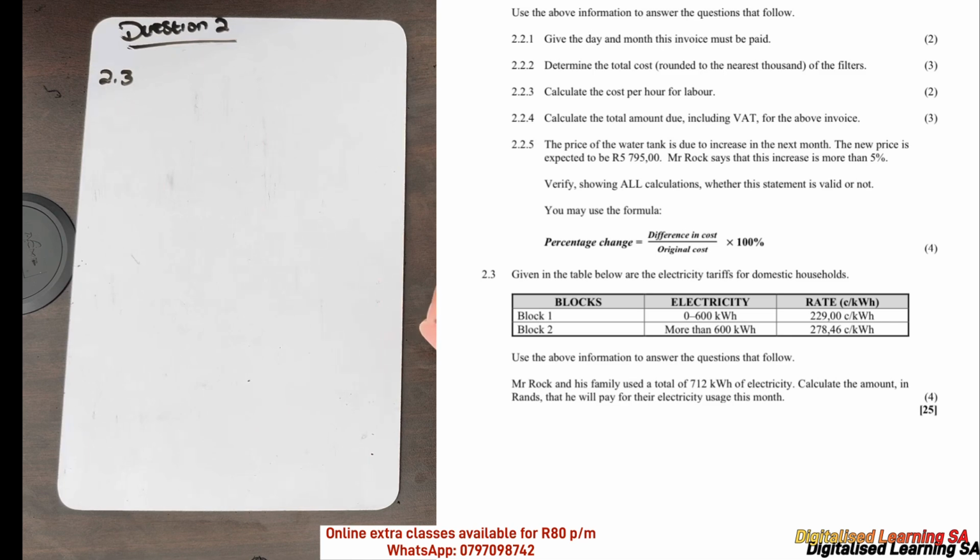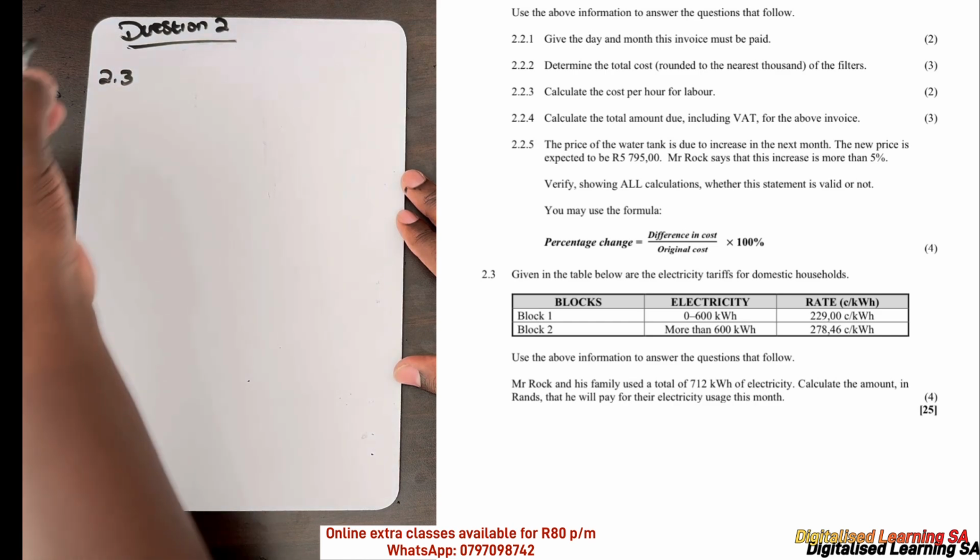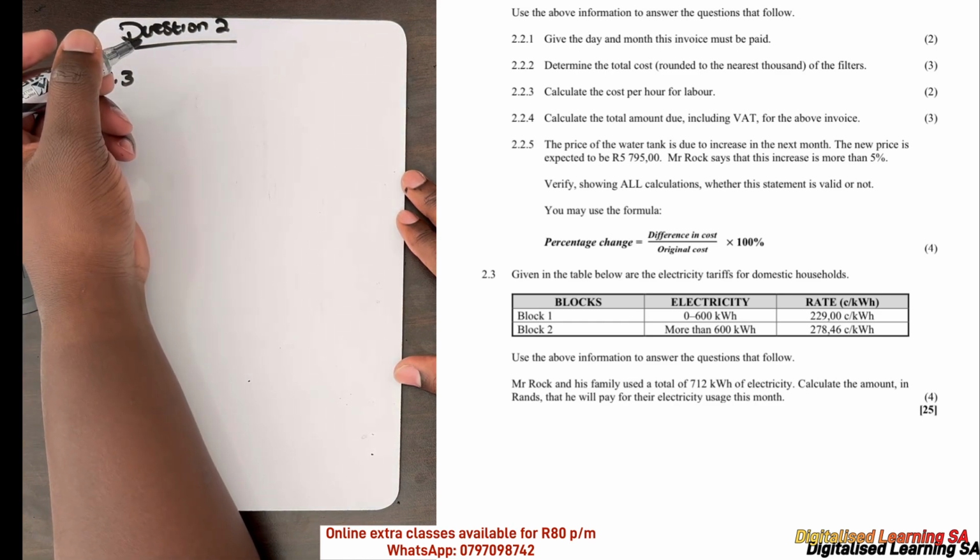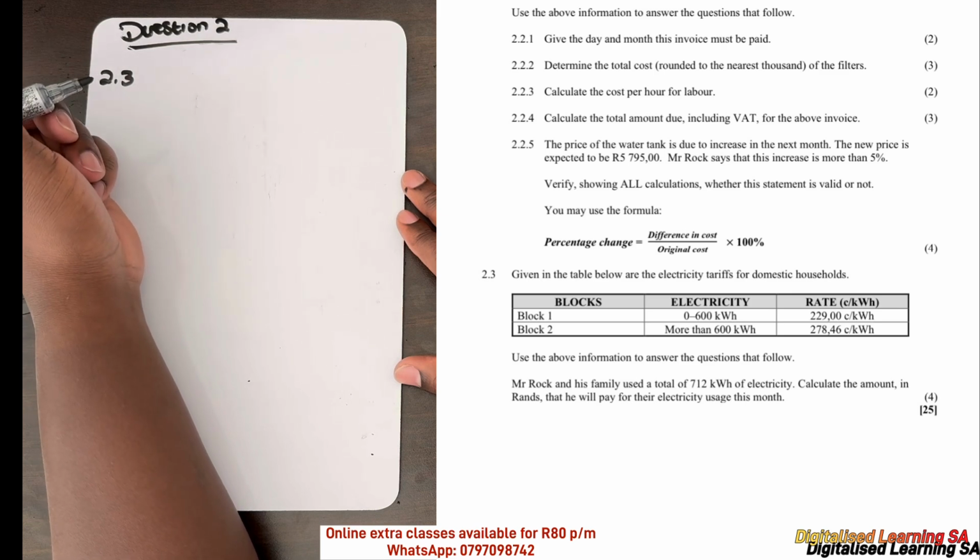We are told to use the above information to answer the questions that follow. Mr. Rock and his family used a total of 712 kilowatts of electricity, and we must calculate the amount in rands that you will pay for their electricity usage this month. So we are given block 1 and block 2.